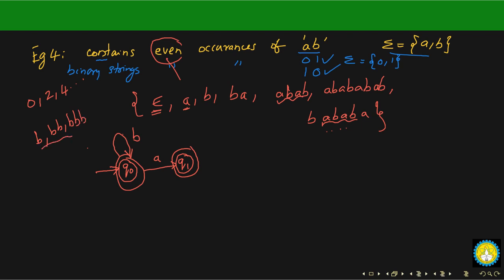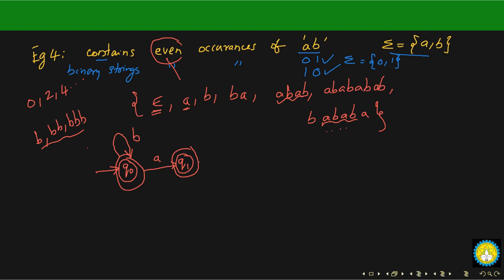All these strings do not contain even a single occurrence of AB, so all these strings should also be accepted. If you see BB continuously, it has to be accepted. In case you see an A, you have to go to Q1, but Q1 also should be a final state, because A by itself does not contain any occurrence of AB.